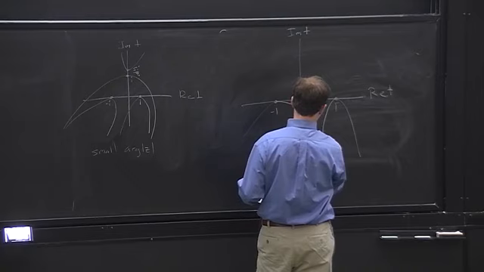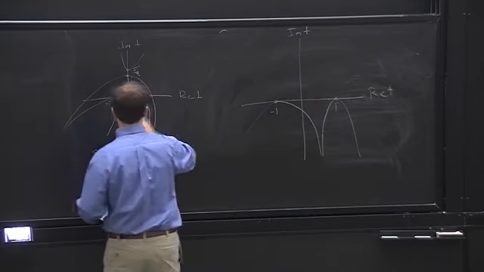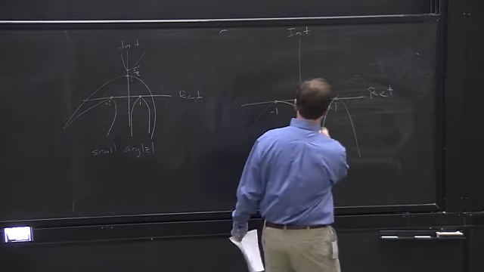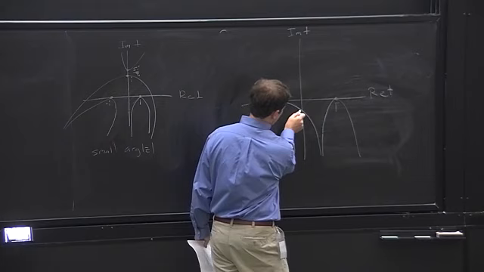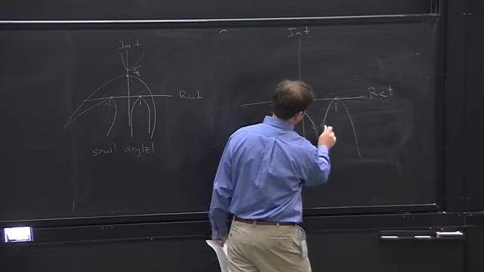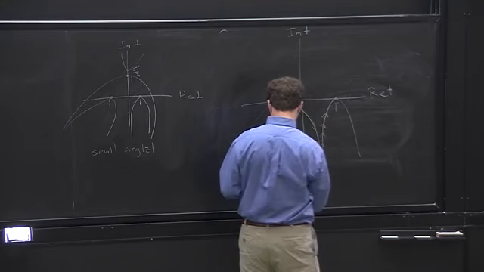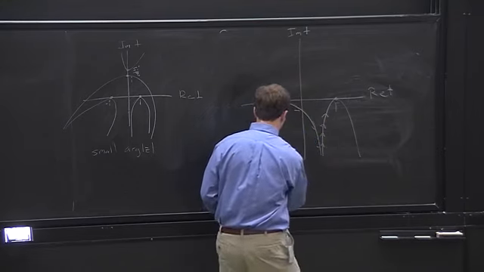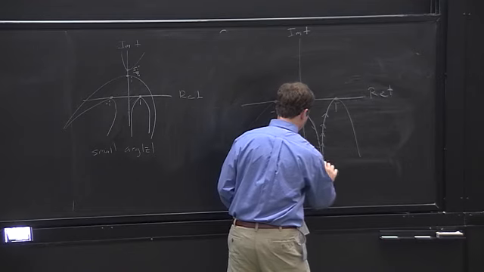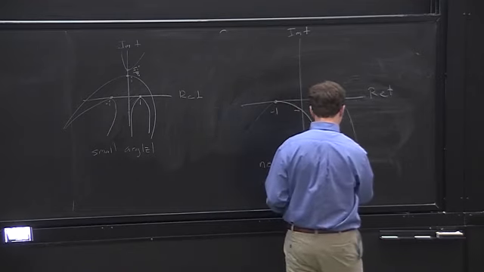And these don't meet up. This goes something like that. And the relevant contour will be some contour that goes like this. So there are no saddle points on the contour.